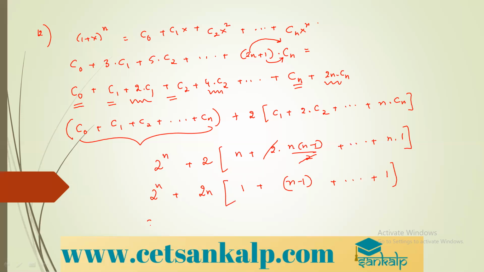So this I can modify and write 2n into 1 I can write as n minus 1 C0. n minus 1, I can write n minus 1 C1. Like that, each term I will modify. The last term I will write n minus 1 C n minus 1.